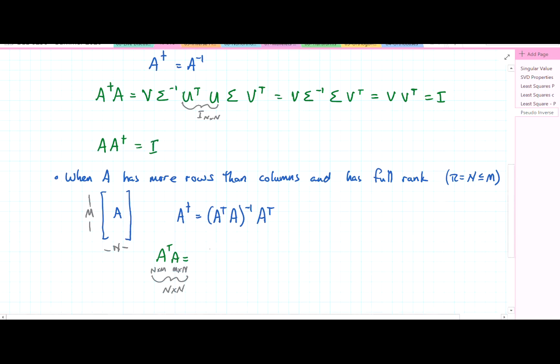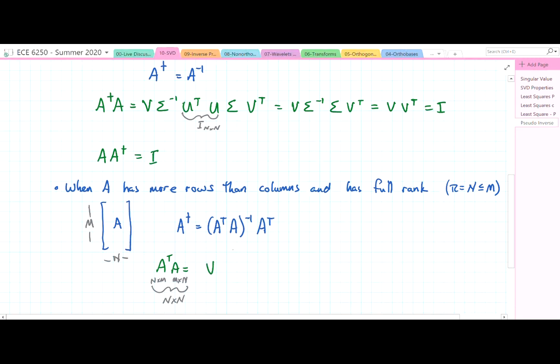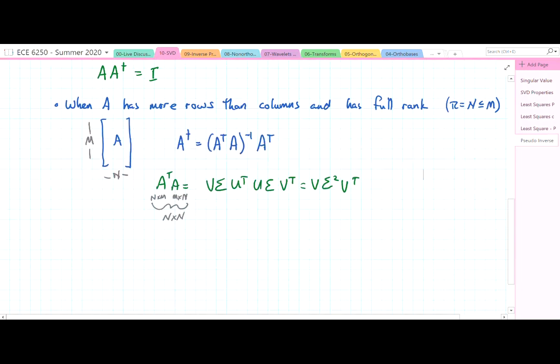So we could also continue this, write it out, and we have V sigma U transpose U sigma V transpose is equal to V sigma squared V transpose. And so now when we invert that, we get A transpose A inverse. We'll go ahead and multiply it by A transpose now.